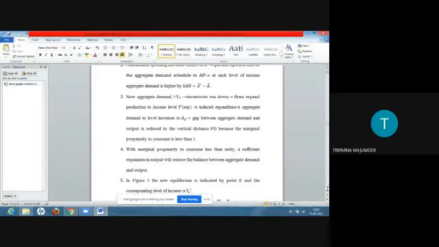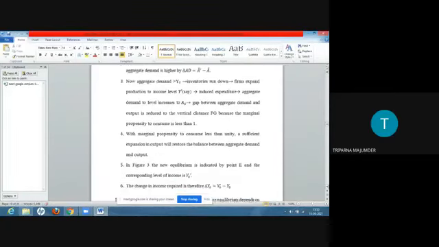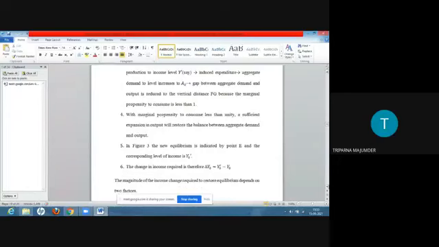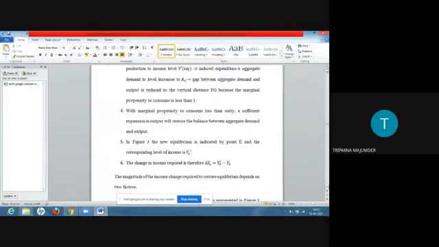In figure 3, the new equilibrium is indicated by point E dash, and the corresponding level of income is Y0 dash. The change in income required is therefore delta Y0 equals Y0 dash minus Y0.